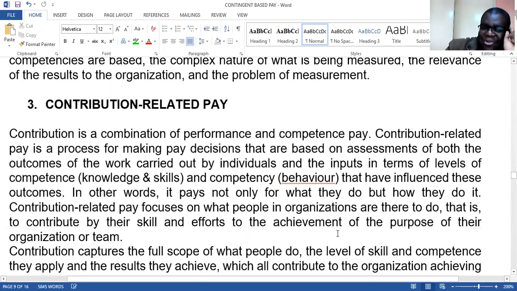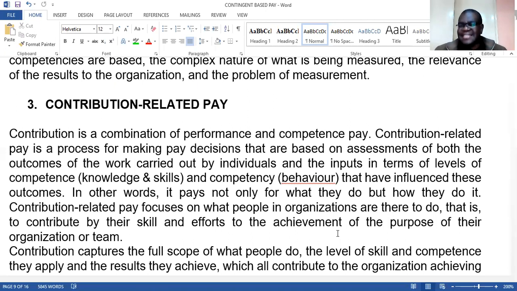Number 3 is contribution. Contribution is a mix of performance measures and competence. Contribution will be looking at how much the individual brings onto the table that not only influences their individual performance, but also the performances of other members of the team.